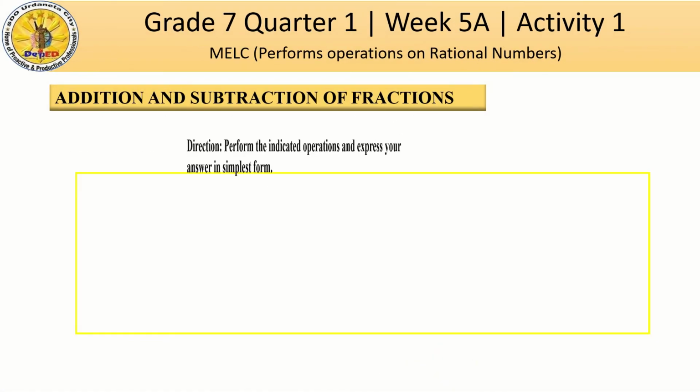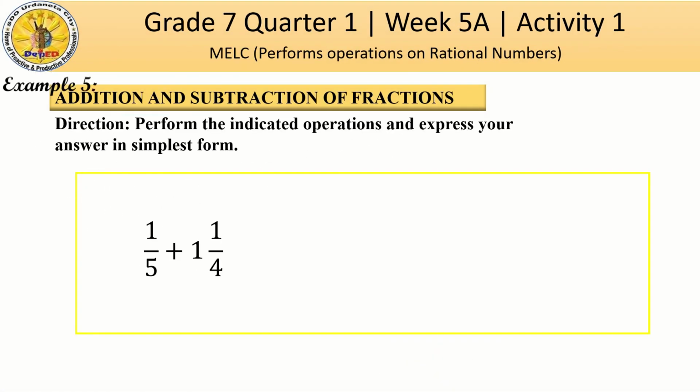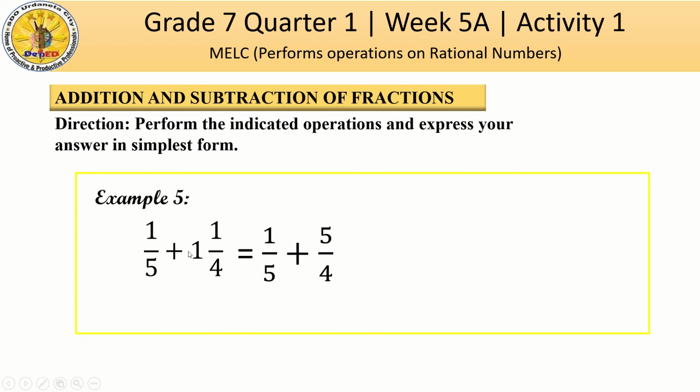Another example. Example number 5. Okay. So we have 1/5 plus 1 and 1/4. We get the improper fraction of the second fraction, the 1 and 1/4. So we multiply and add. 4 times 1 is 4, plus 1, we have there 5. Okay?